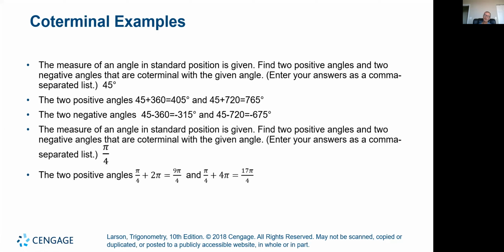Remember the common denominator would be 4, so it'd be 8 pi plus 1 pi divided by 4 is 9 pi over 4. And then when n equals 2, 2 pi times 2 is 4 pi, and you could add it that way. When we do it on the negative side, you're just going in a different direction. So instead of adding 2 pi and 4 pi, you subtract 2 pi and 4 pi.